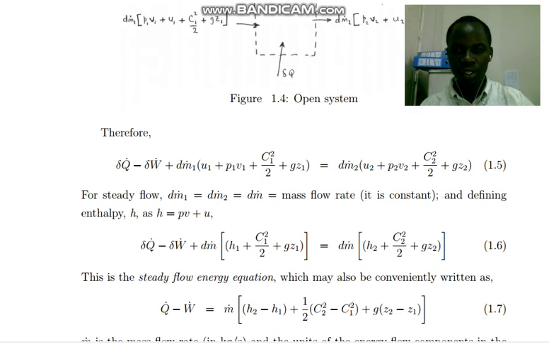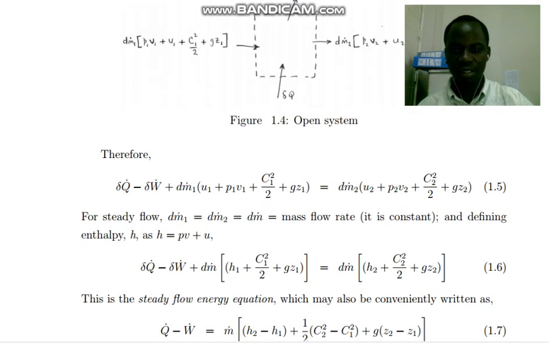Therefore, if we organize this in an equation using the first law of thermodynamics, the rate of heat into the system minus the rate of work done by the system, plus any accumulation of energy, must be equal to what is getting out, and that is expressed in equation 1.5.